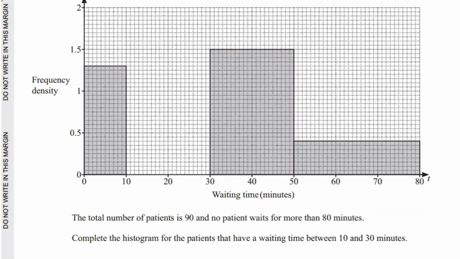So 1.75 is going to be, this is 1.6, this is 1.7, so this is 1.75. This is your bar for this interval.